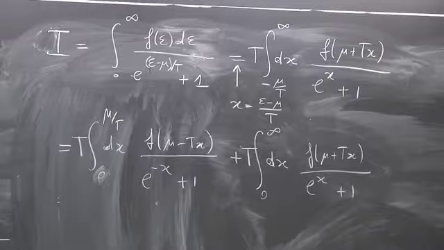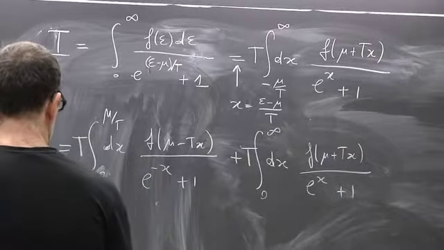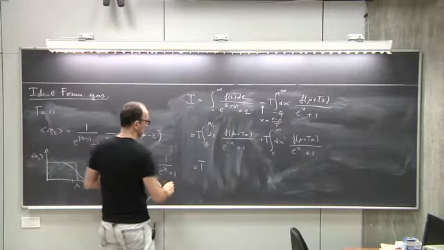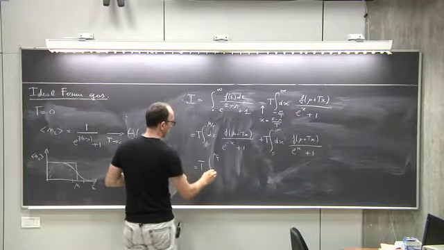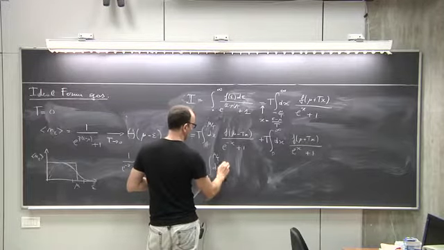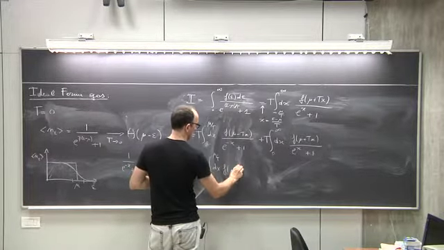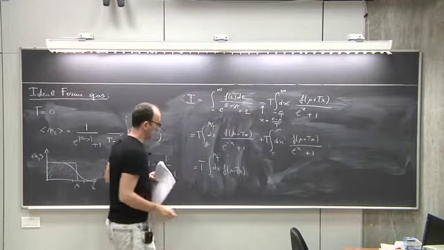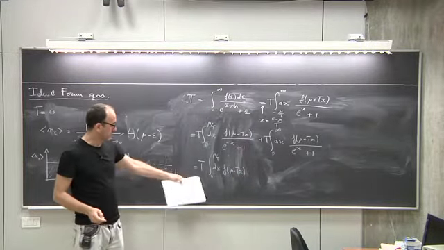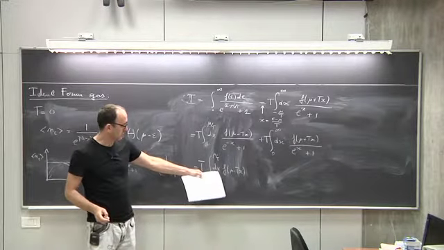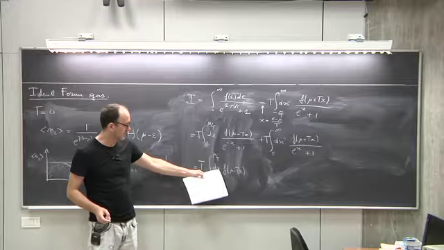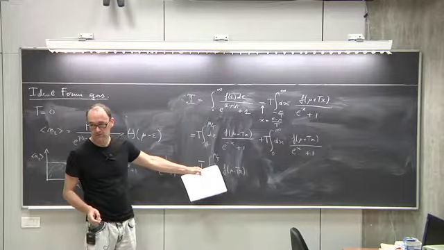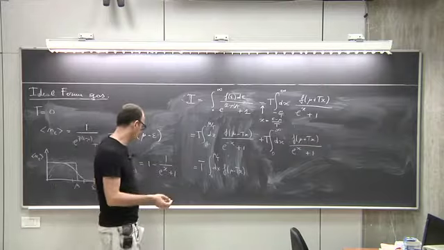Now, the first term, if I make this change here, I get the first term. In this first term, I can change back the integration from x to ε, which is t times x.